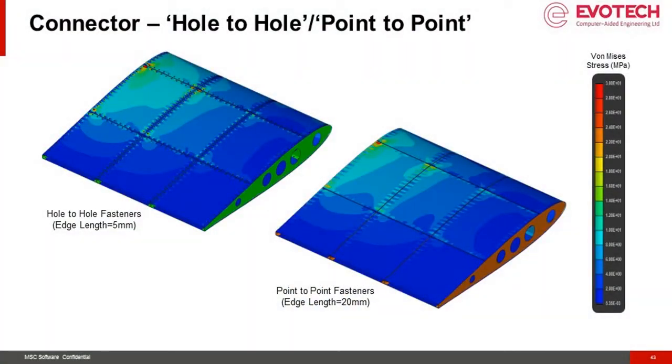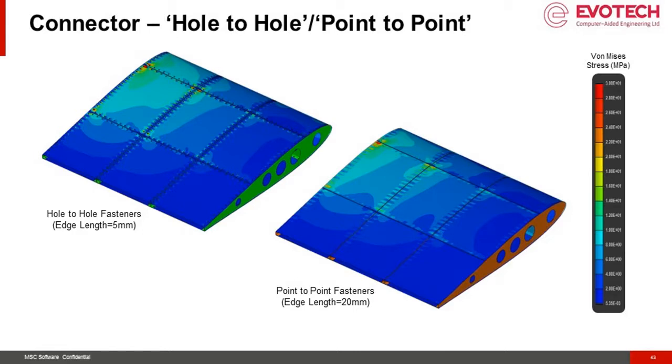So looking at the output for the hole-to-hole versus the point-to-point definition, for the hole-to-hole model we've got an element edge length of 5mm to give us the good quality around the fastener holes, and then for the point-to-point model we've got an element edge length of 20mm, so a big difference in terms of the model size and overall node and degree of freedom count.